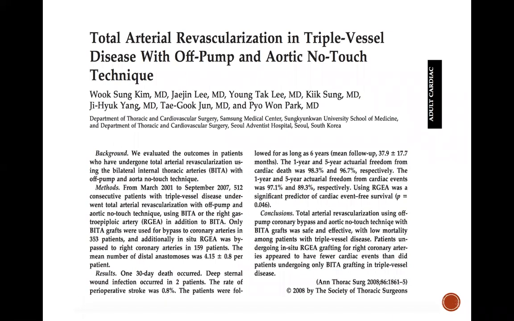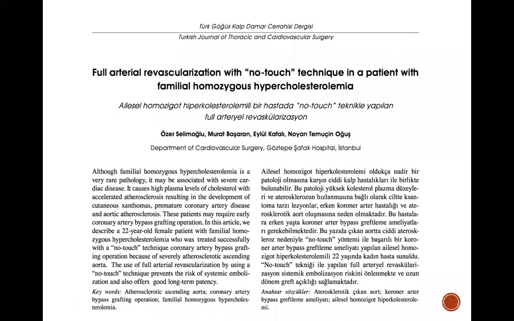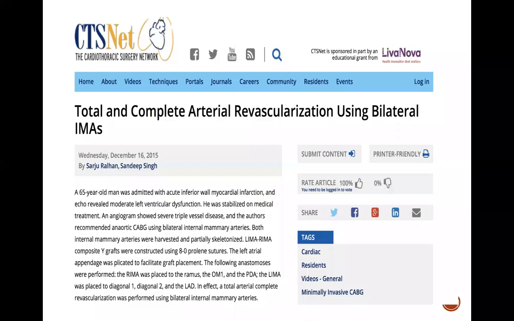The feasibility of total arterial revascularization with off-pump and aortic no-touch technique has been mentioned in many papers, and it's feasible. Many papers also spoke about the no-touch technique, especially in patients with familial hypercholesterolemia, because of the burden of calcification in those patients, and also because they are young and will benefit more from total arterial revascularization than older people.